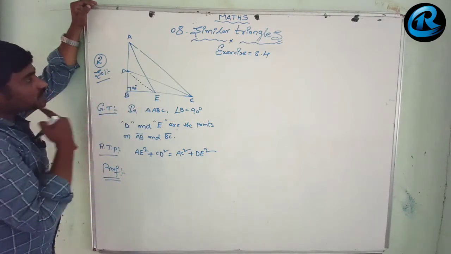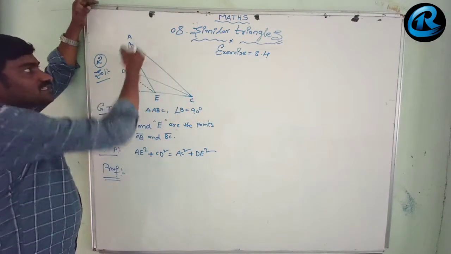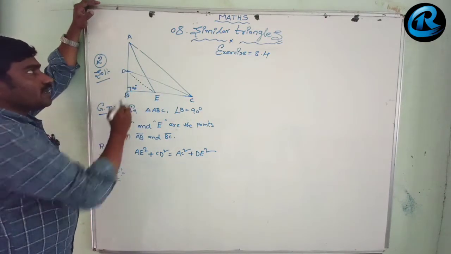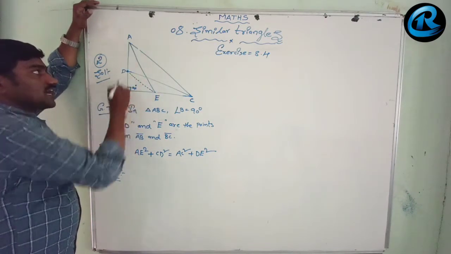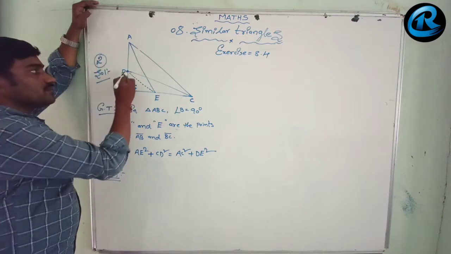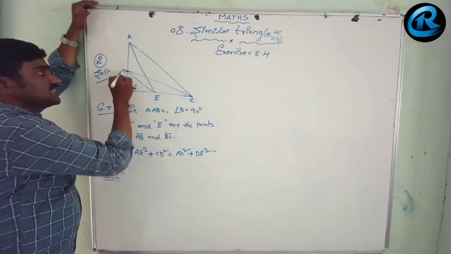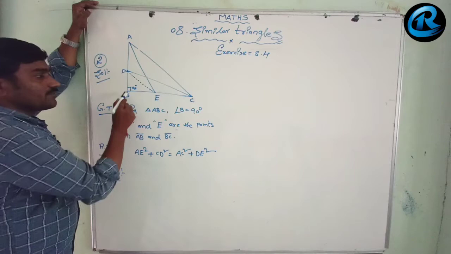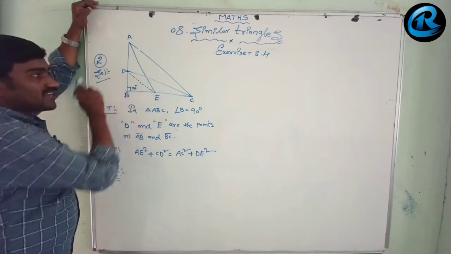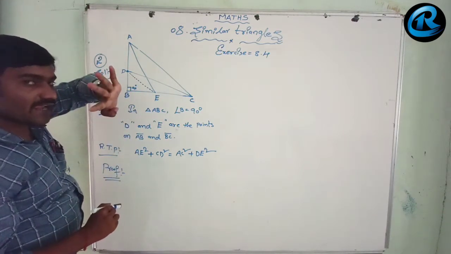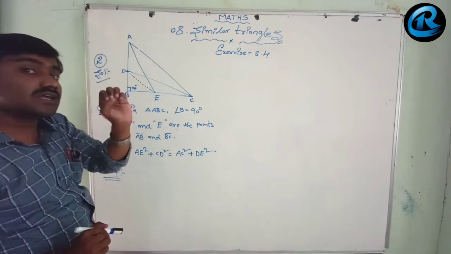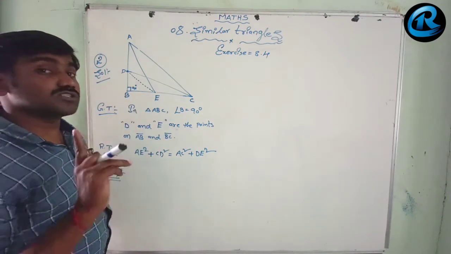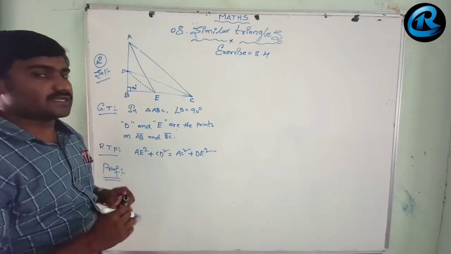Now if you observe here, ABC is a right angle triangle and also ABE is a right angle triangle. BCD is also a right angle triangle. BED is also a right angle triangle. There are 4 triangles. All triangles are right angle triangles. We can use the Pythagoras theorem in all these triangles.